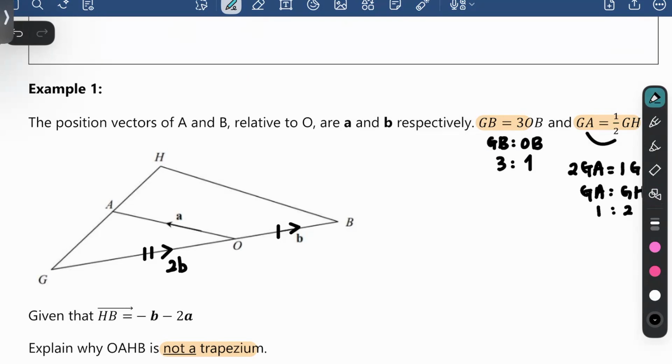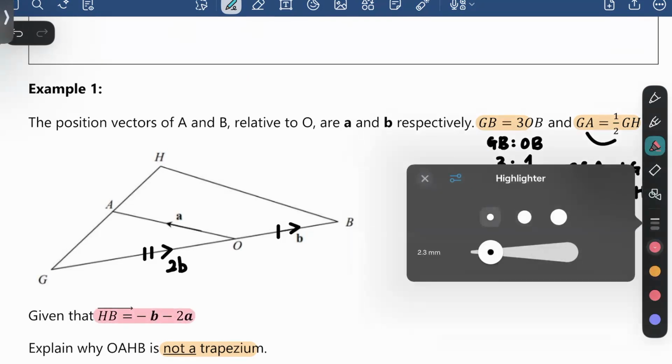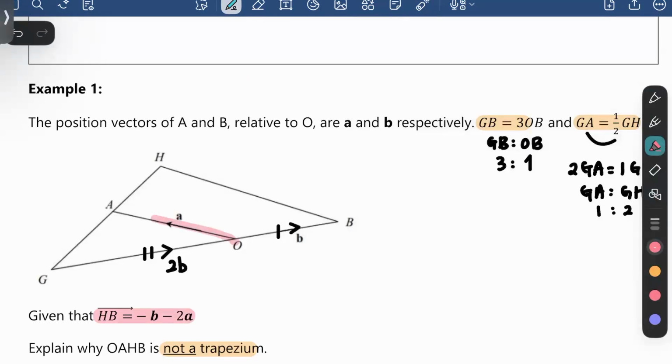Now what we're going to do here is I put this down because I didn't do the calculation, so I need you all to see this. So now, where is the figure? Let's see. So OA, HB. It doesn't look like a trapezium to me, or maybe it does look a little bit, but you got to go and prove from there.